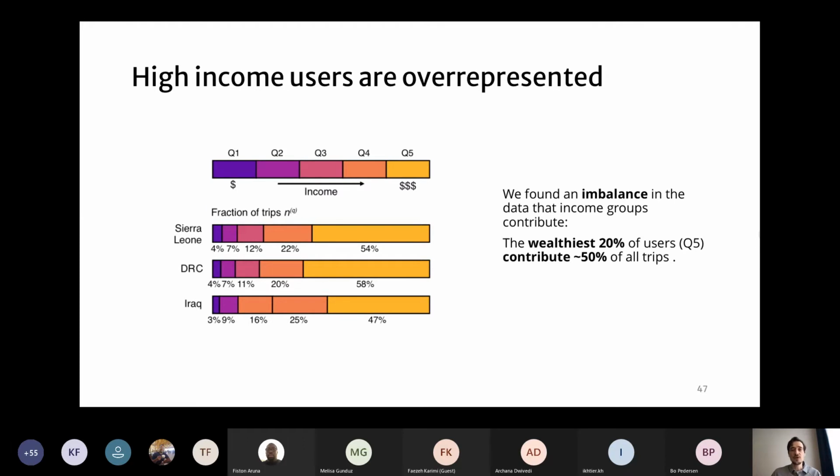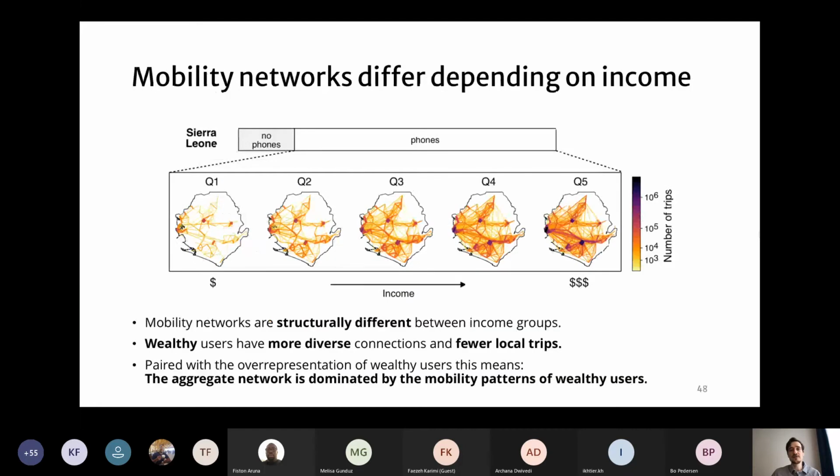And this can be an issue because the mobility patterns of these user groups are actually different. Here I show this mobility network again, but here are the different networks for the different income groups. What you can see is that on the right, the wealthy users, in general, have more trips than the poorer group, but their mobility patterns are also structurally different.